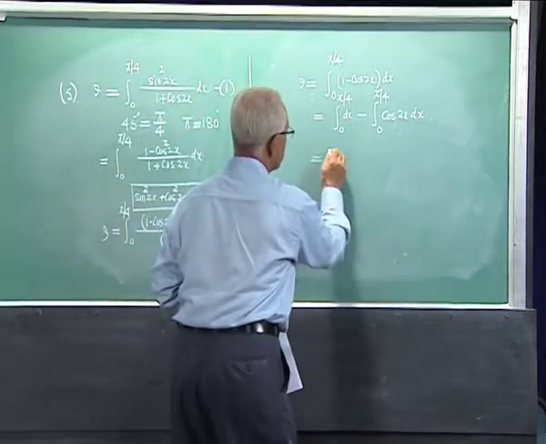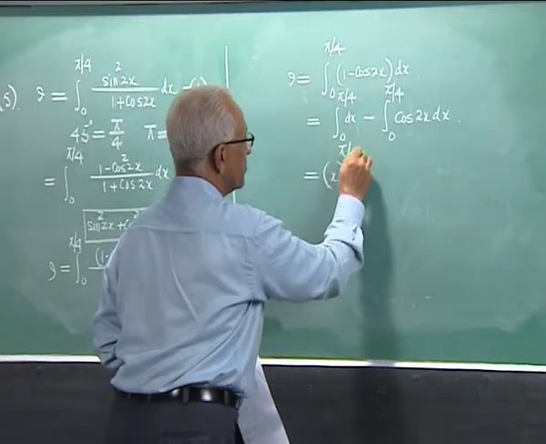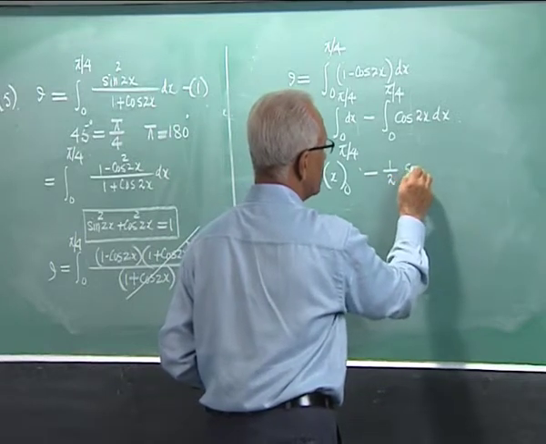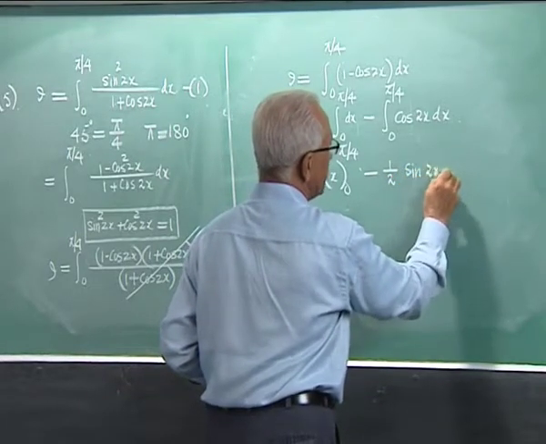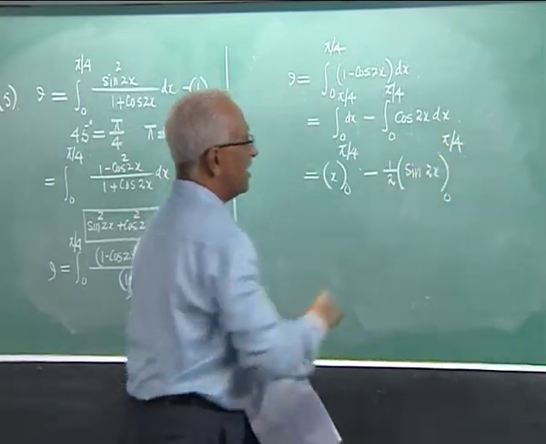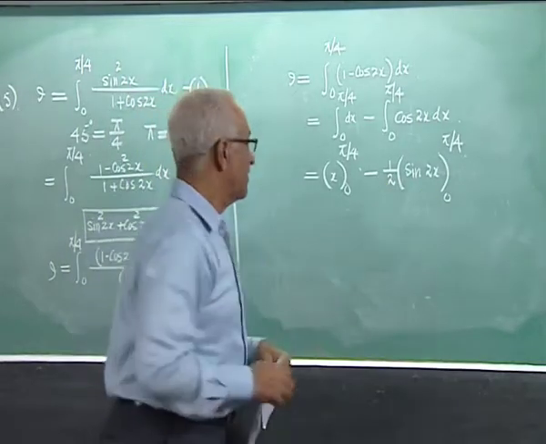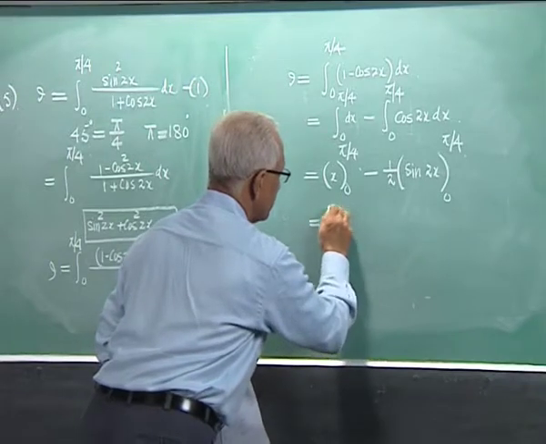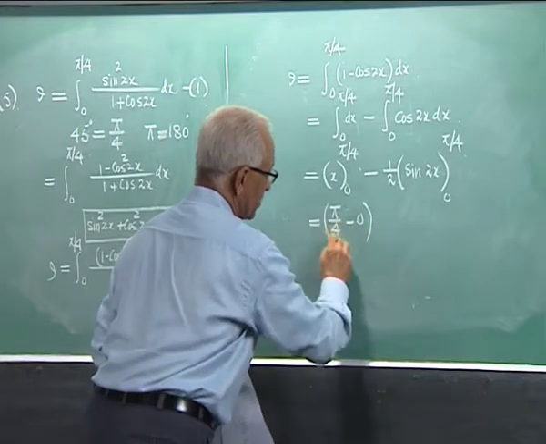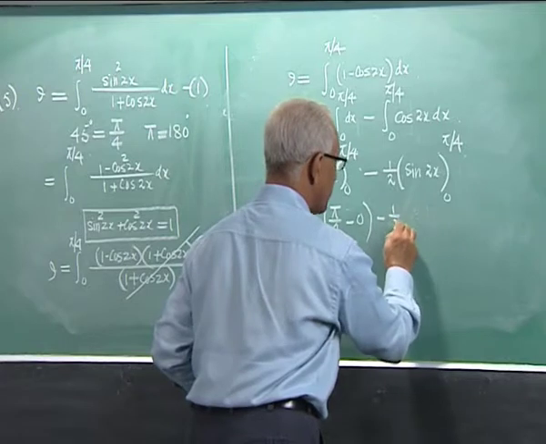So I'll have x from 0 to pi by 4, minus, integrating this, it will give 1 upon 2 sine of 2 times x, from 0 to pi by 4. I will advise you to refer to the table which we have just seen. This will give me pi by 4 minus 0, upper limit minus lower limit, minus 1 by 2.